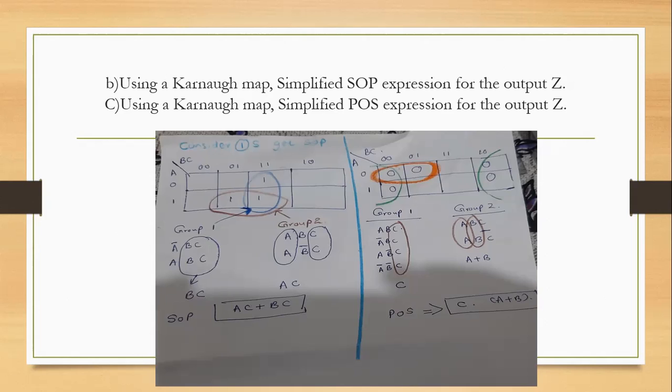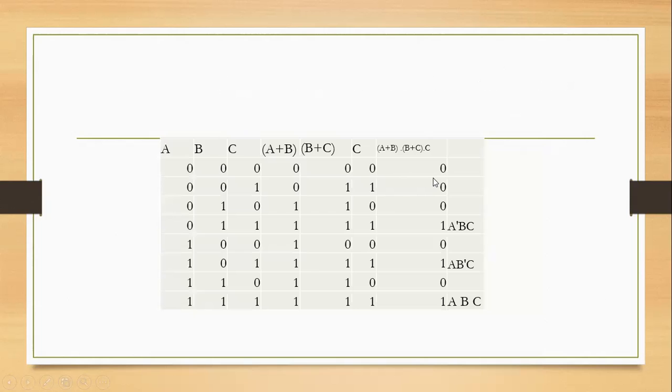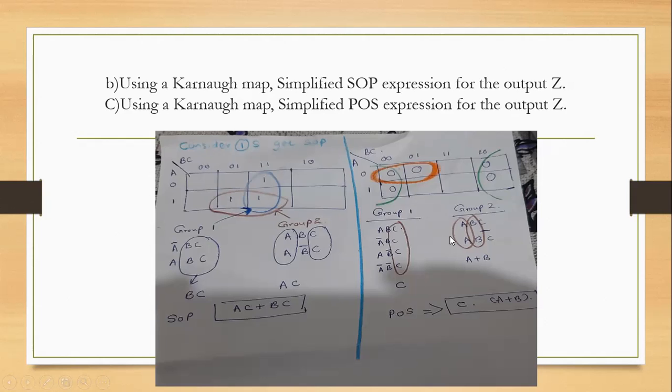The next part, C, asked to use the Karnaugh map POS method for output Z. Here we have to consider the zeros. There are 5 incidents. When we are marking, there's a difference from SOP.